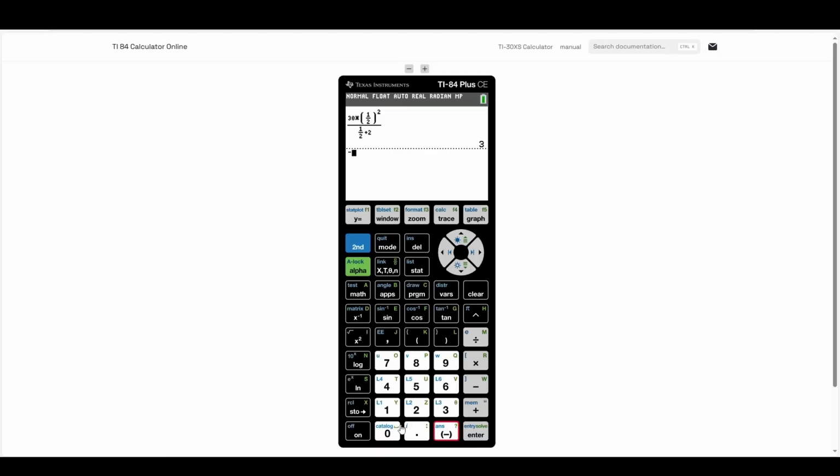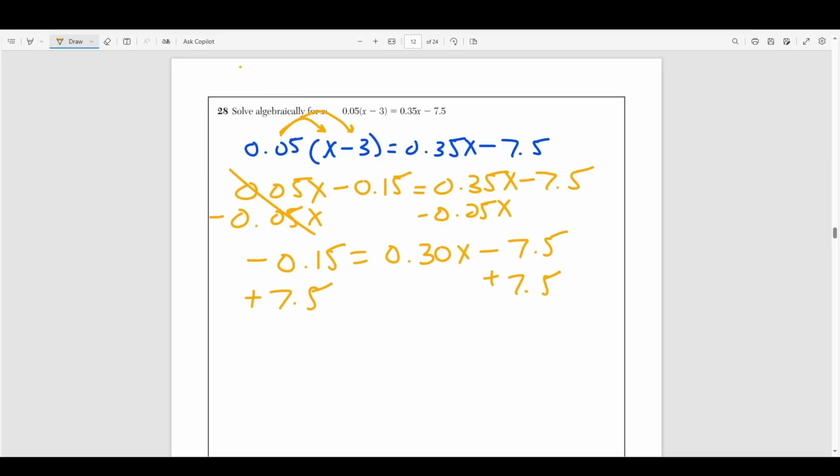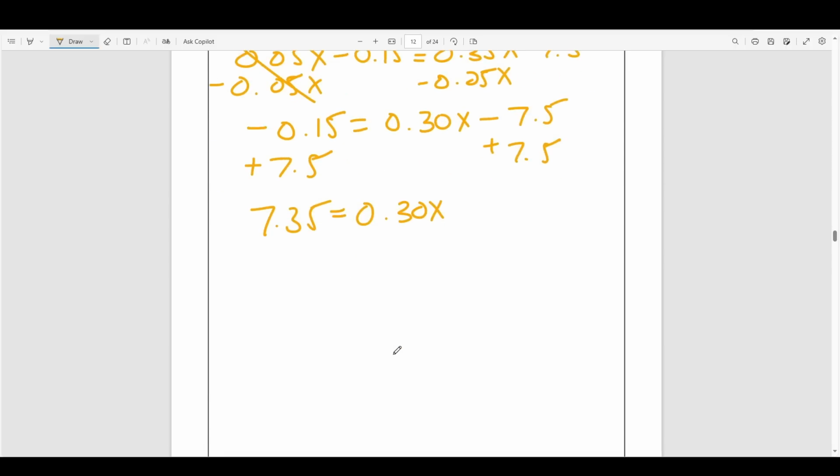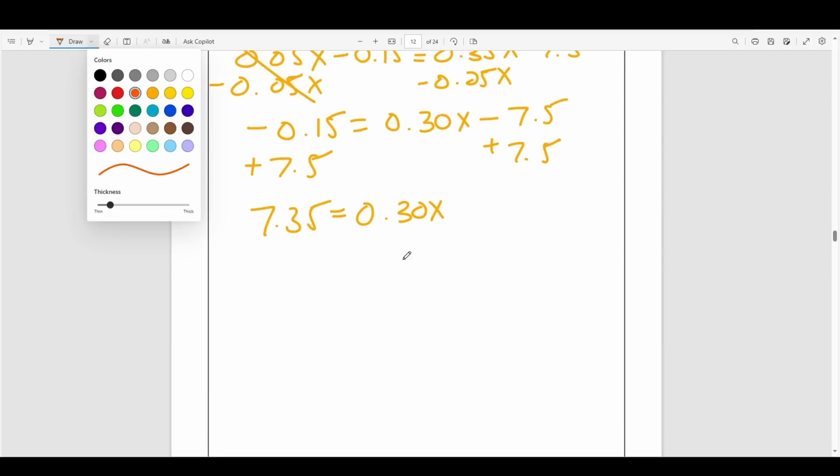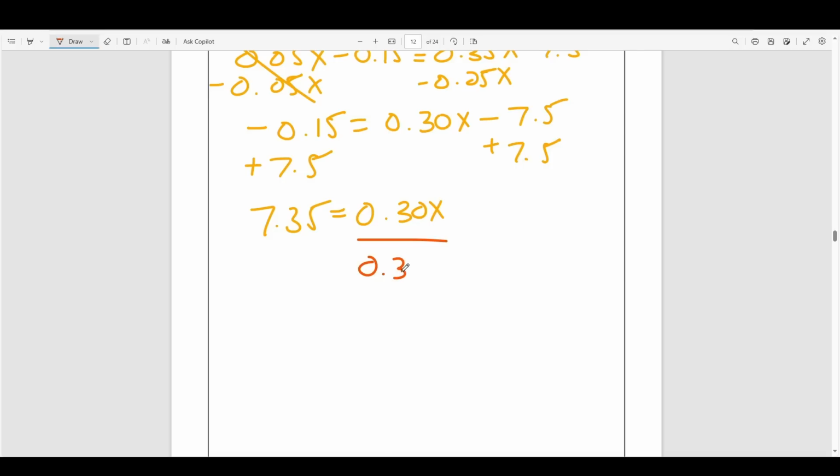So let's do negative 0.15 plus 7.5. That's going to give you 7.35. So now you're left with 7.35 is equal to 0.30x, or 0.30 times x. In order to solve for x, all I need to do is divide both sides by 0.30 to cancel out that multiplication.